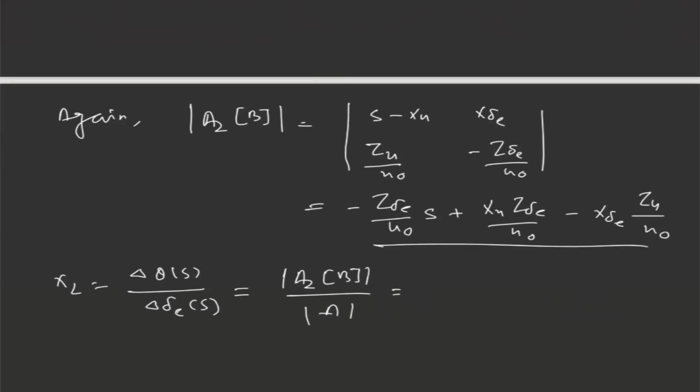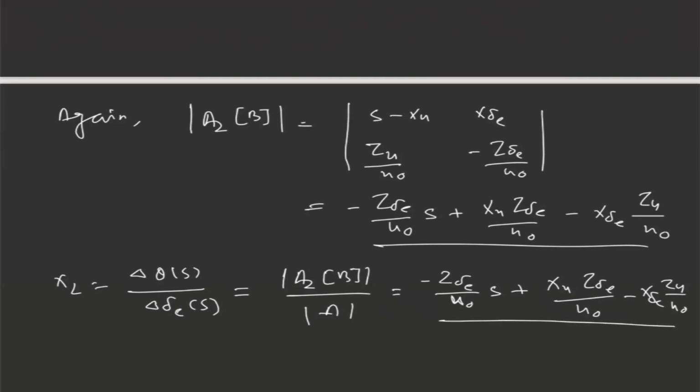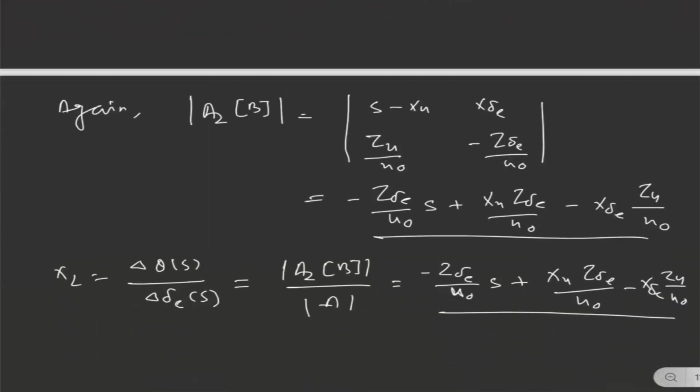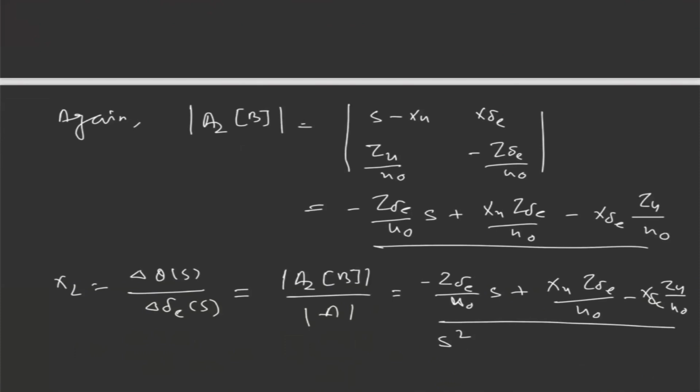This is the numerator part: minus Z delta E U naught s plus Xu Z delta E U naught minus X delta E Zu U naught, divided by the determinant of A, which is s squared minus Xu s minus Z alpha divided by U naught.